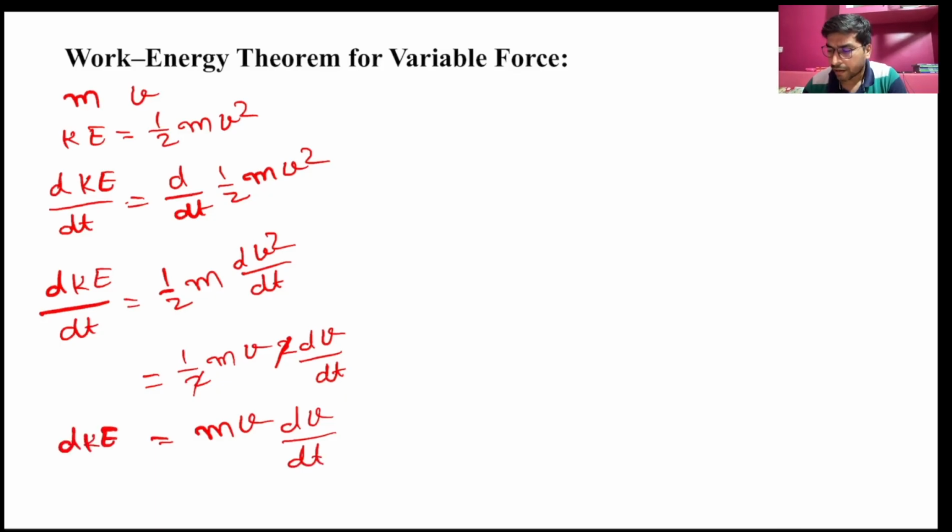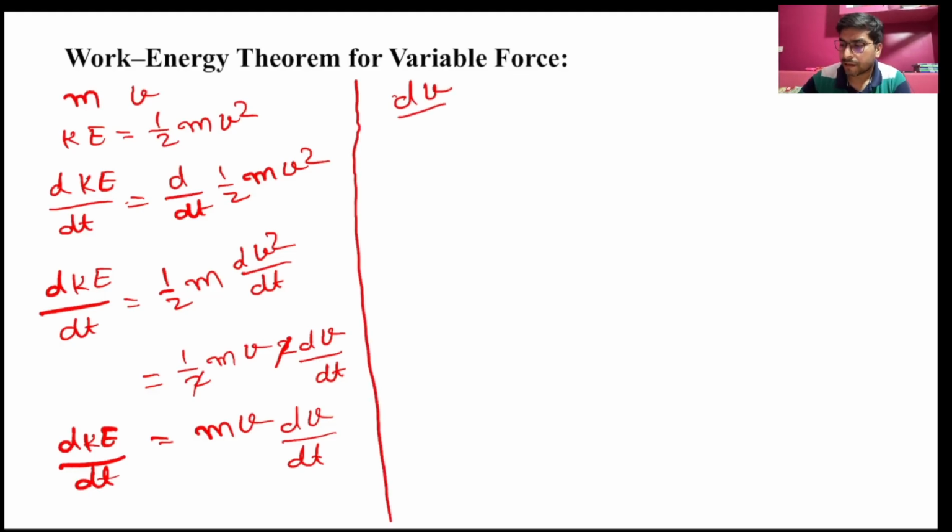and this is equal to dKE by dt. Now, okay, students, we also know that dv by dt is equal to what? Acceleration a. So here we can write dKE by dt is equal to m, dv by dt we can write a, so m into a into v. ma is equal to what?